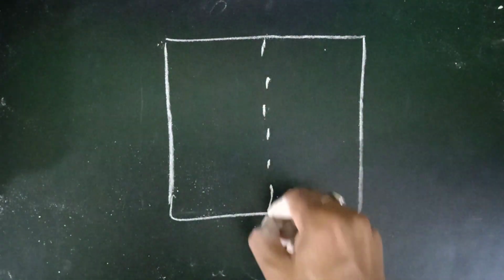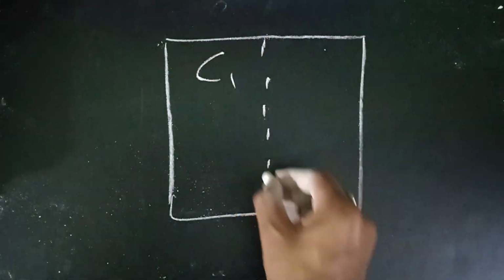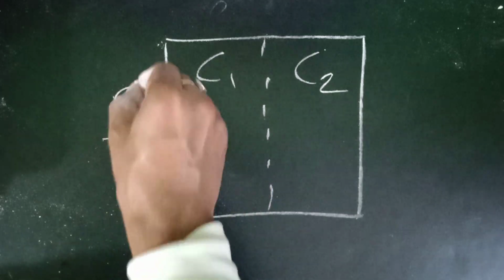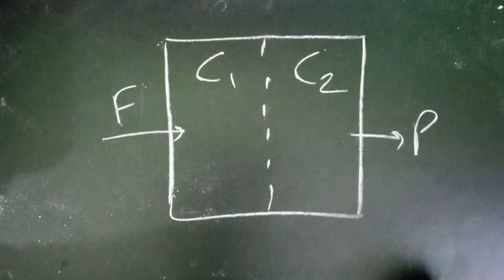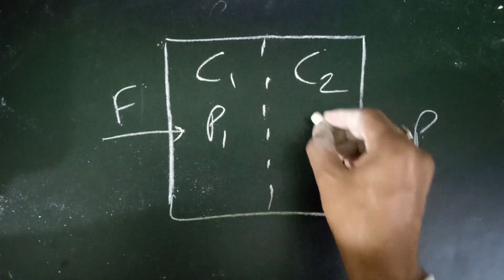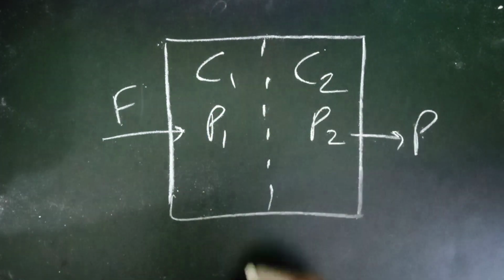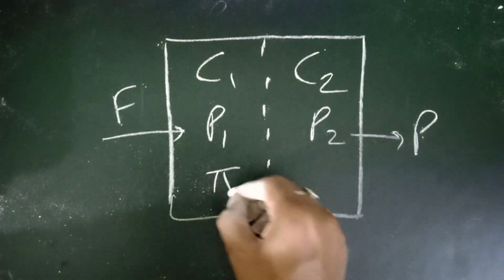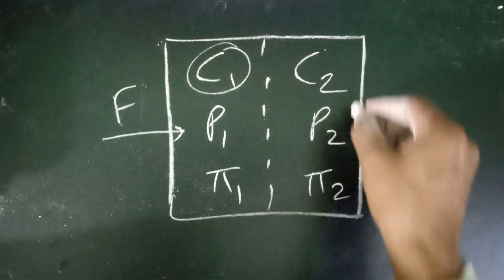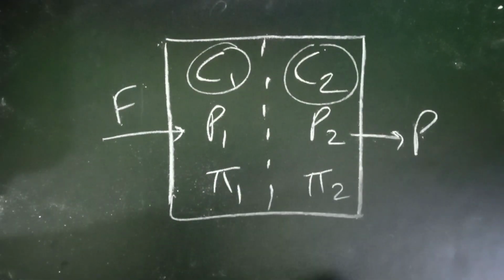So let's take it in a way to understand. We have a membrane. In this we have concentration 1, there concentration 2, that would be 0. Feed is coming and the permeate is going, that is pure water. There is P1, P2 pressure, while there is the osmotic pressure here due to concentration C1 and osmotic pressure here due to concentration C2.